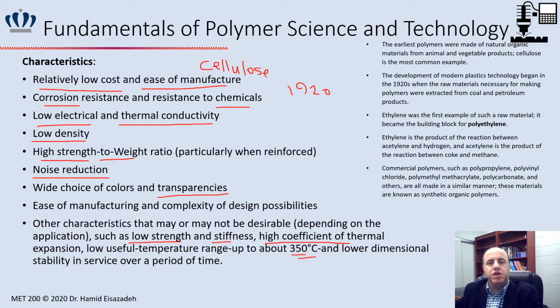But for many polymers, we cannot reach that temperature, because they will have low mechanical performance. Mostly the temperature should not reach more than 70 degrees Celsius, depending on the composition of the polymers.